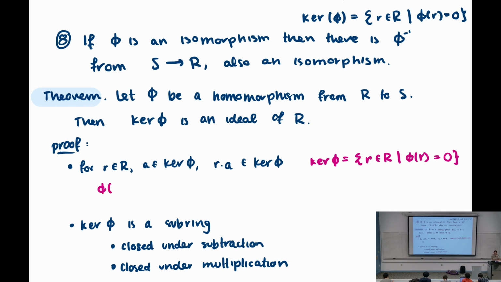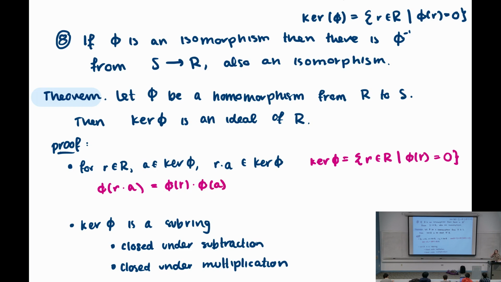So phi of R times A, well, phi preserves the operation, so this is equal to phi R times phi A, right?